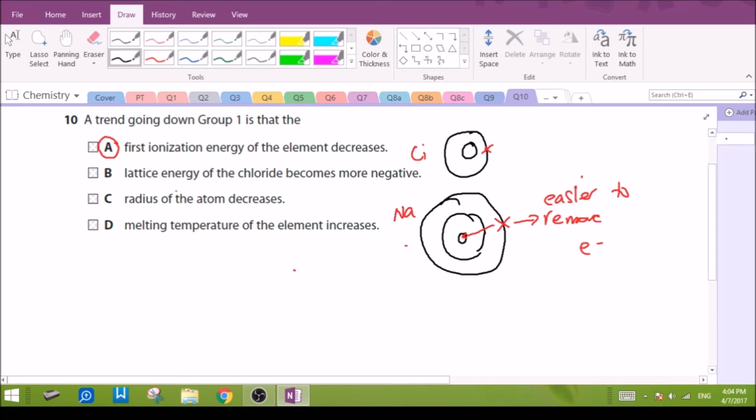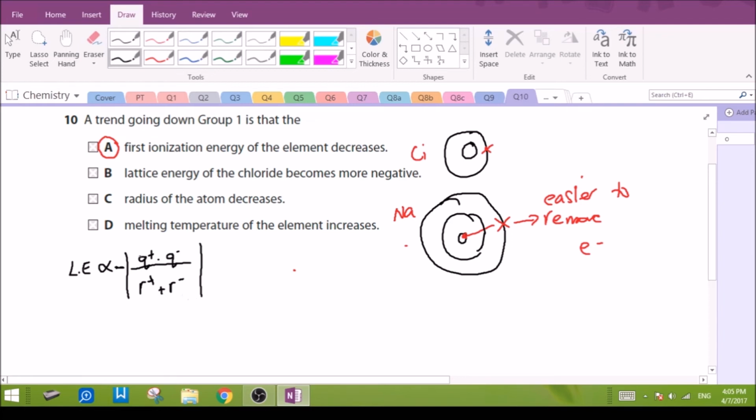Lattice energy. Lattice energy is proportional to the charges of the ions, positive and negative charge, and inversely proportional to the radius of the ions. Keeping in mind that lattice energy is exothermic, we assign a negative sign to the overall value.